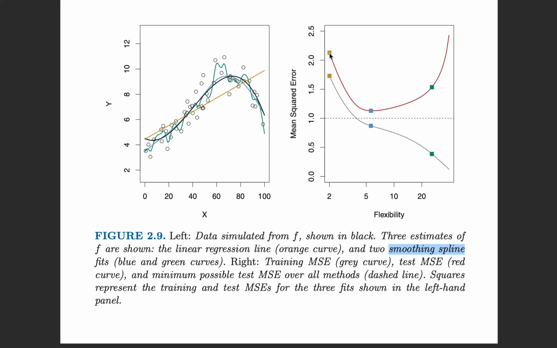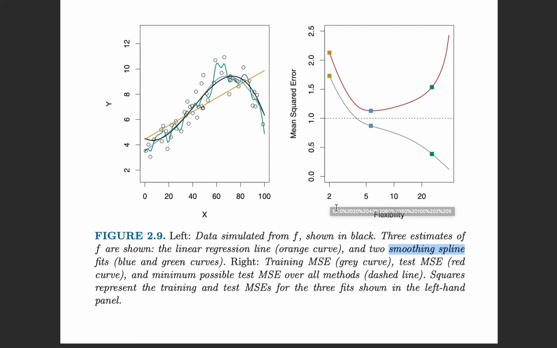And we can see that this is the performance of linear regression, this is the performance of this very flexible curve, and this is the performance of the blue curve, which is something in between these two extremes. And it achieves the smallest mean squared error that can be achieved. Our objective is to find the right level of flexibility.